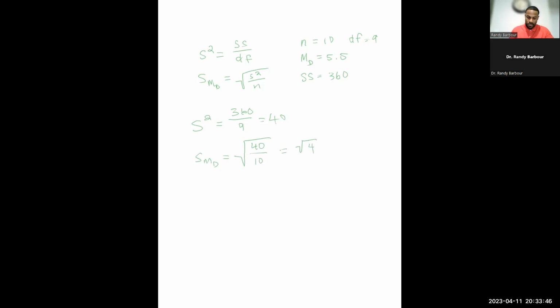And then the square root of 4 equals 2. So in our example, we have everything that we need. The mean difference was not necessary in this particular case. Again, we got our variance of 40, and we got our estimated standard error of 2.